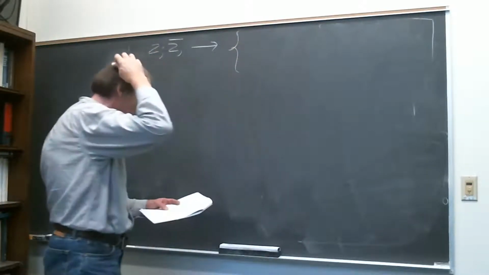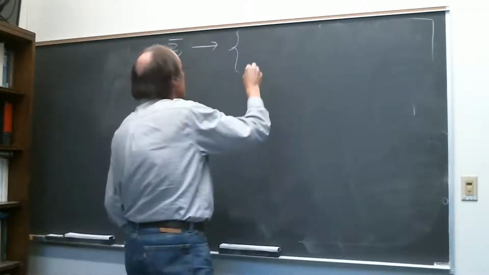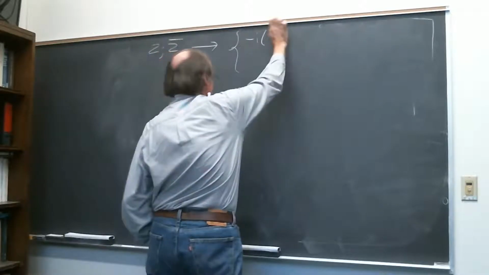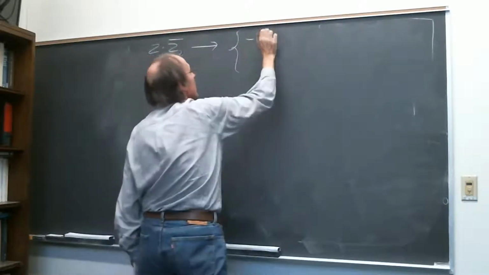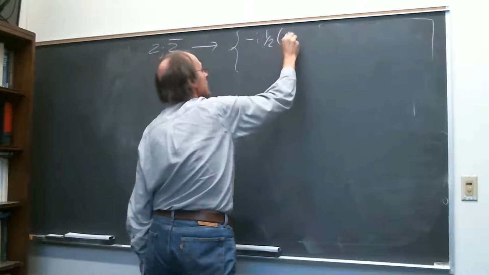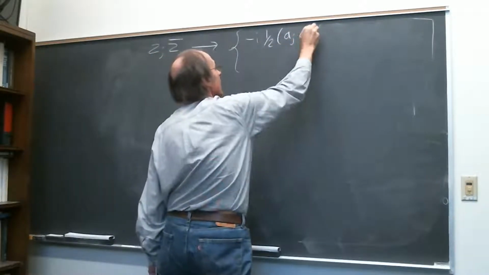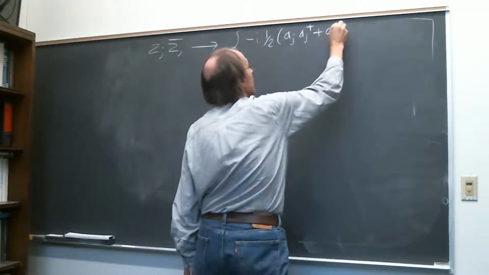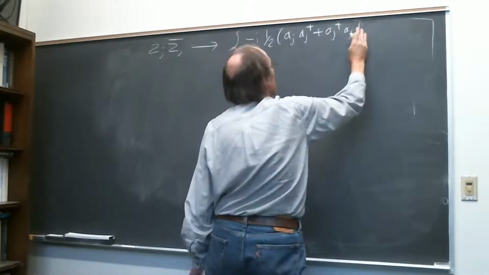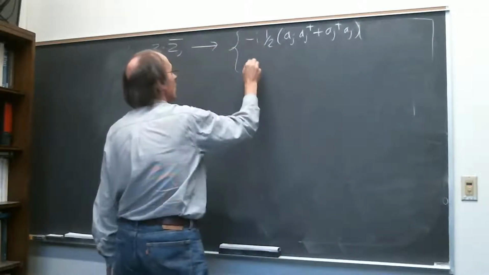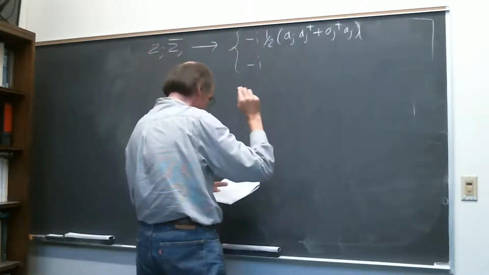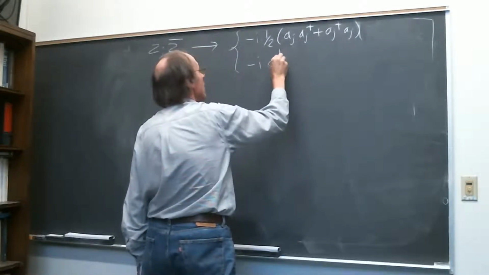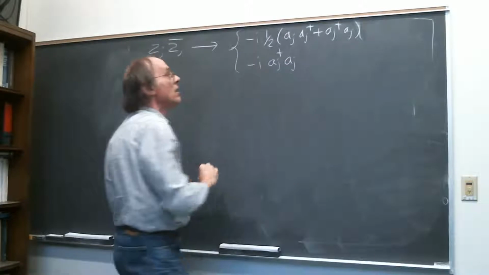There's minus i aj, or a half of aj aj dagger plus aj dagger aj, or there's minus i aj.